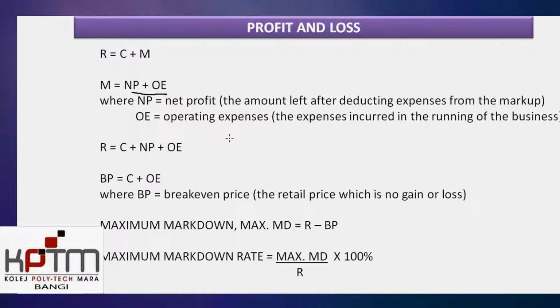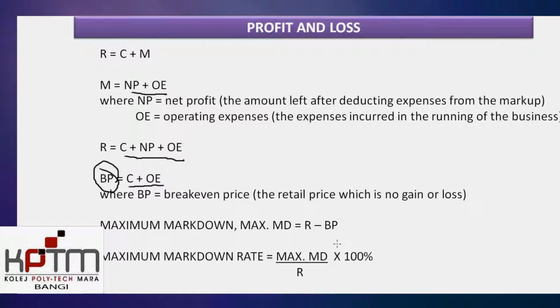Therefore, now we have a new formula for R, which is R equals C plus NP plus OE. Besides that, in profit and loss, we also have the formula of break-even price. Break-even price is equal to C plus OE, where break-even price is the retail price which is no gain or loss.